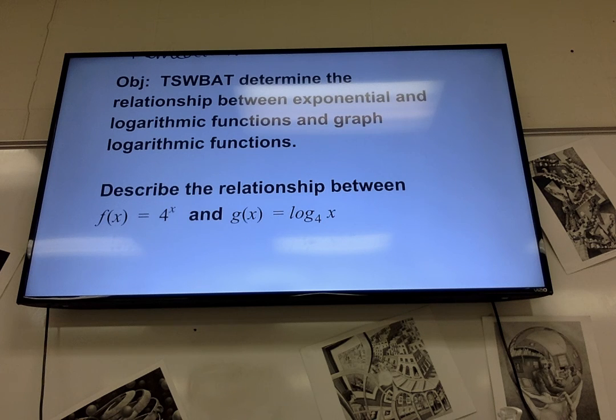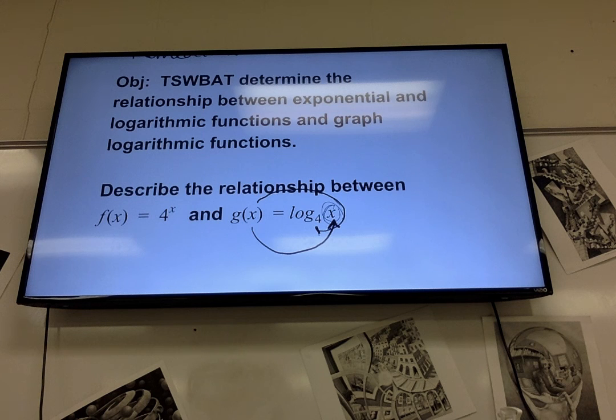What I used to call this was the circle method when I taught it in Algebra 2. So you start with this 4 on the log, and you raise it to the power, and then it equals whatever this is.